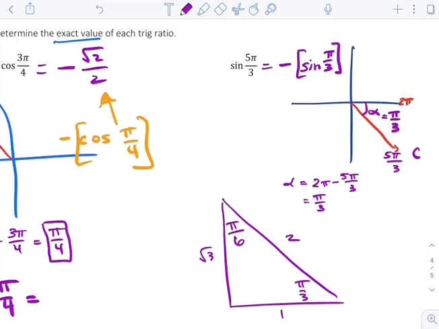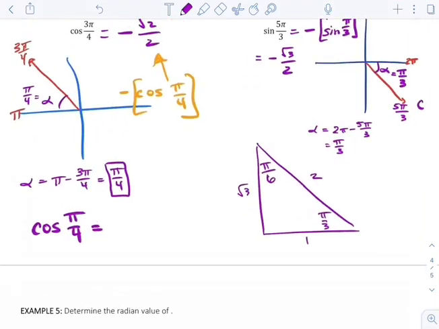Its hypotenuse is 2. So I can put that into our expression. I know that it's going to be negative root 3 over 2. That's the exact value of sine 5 pi over 3. It's negative root 3 over 2. Right, sine is opposite over hypotenuse. It's negative because it was in quadrant 4.